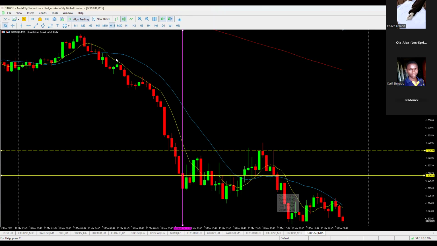So what am I saying? If you're looking to take a trade on the 15-minute time frame, take a higher time frame to see the direction of the trend on a higher time frame. People usually pair up the 15-minute time frame and the 4-hour time frame. But if it's MT5, you can use H2 or H3.